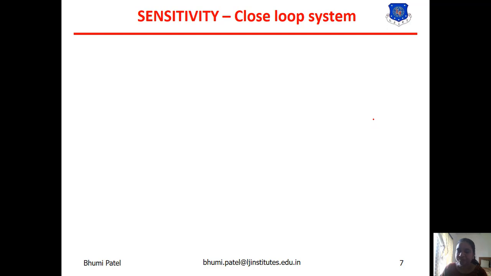Now consider a closed loop system where G is the forward path gain of the system. This is the summing point of the system, R is our input of the system, and C(s) is our output of the system.